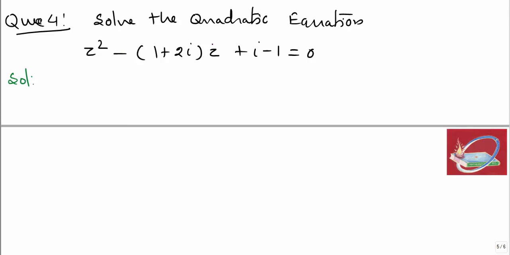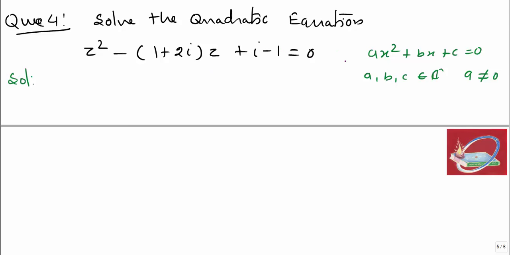When I am discussing the solution, we can see that ax square plus bx plus c is equal to 0, where a, b, c belong to complex numbers, a not equal to 0, is a quadratic equation. Here you can see that in this case a is 1, b is minus of (1 plus 2 iota), and c is iota minus 1, compared with this equation.